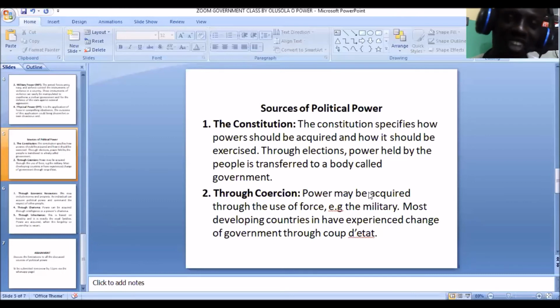Abacha died many years ago now. Shonekan is still alive because he was not intoxicated about power. So most developing countries, particularly in Africa and Latin America, have experienced military overthrow or military takeover of political power in different epochs or years or dispensations.